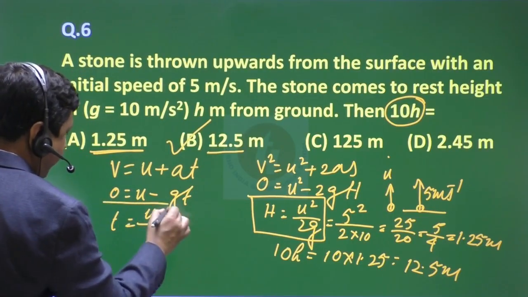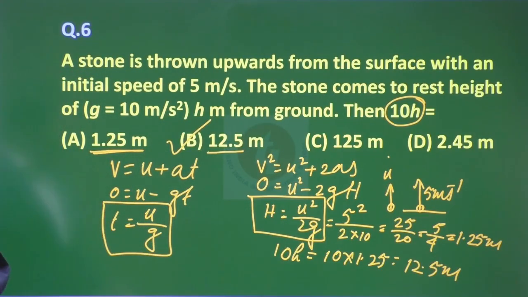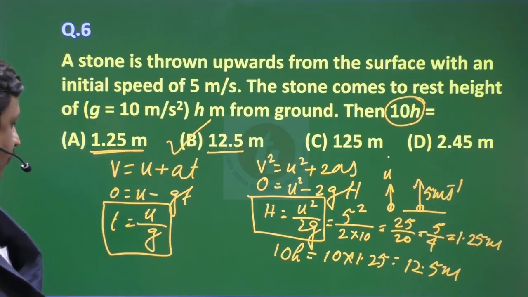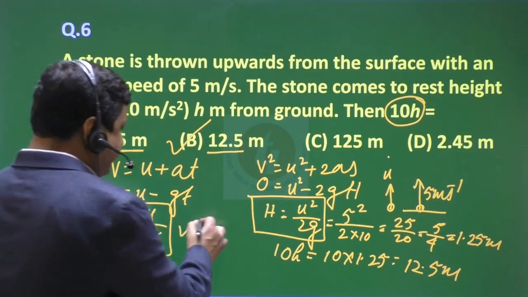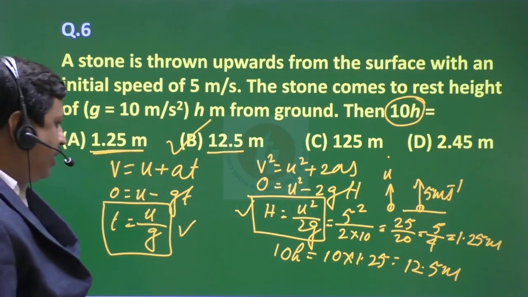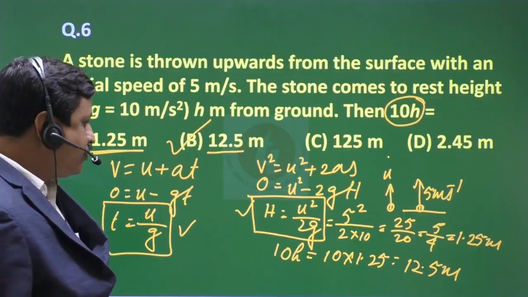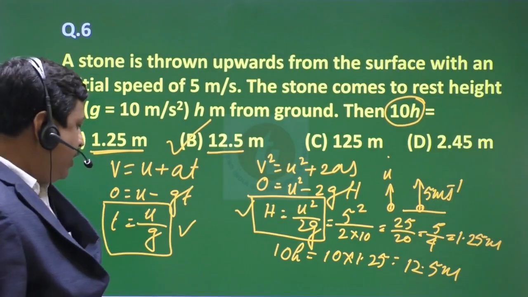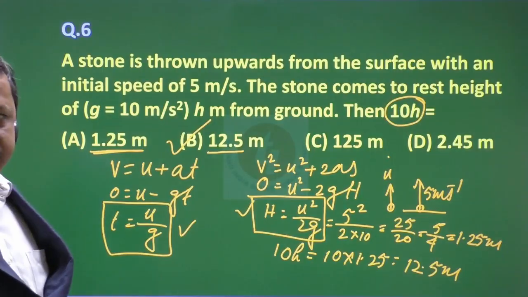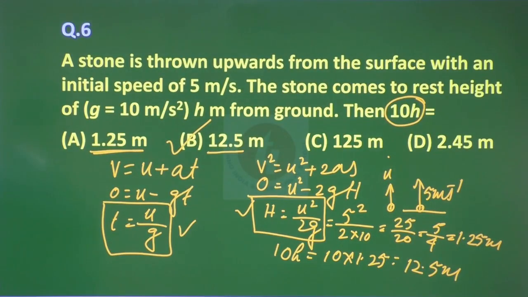This is the time to reach from the ground to the maximum height. These two formulas are very important, so you have to memorize them: maximum height equals u square by 2g, and time from ground to maximum height is u by g.